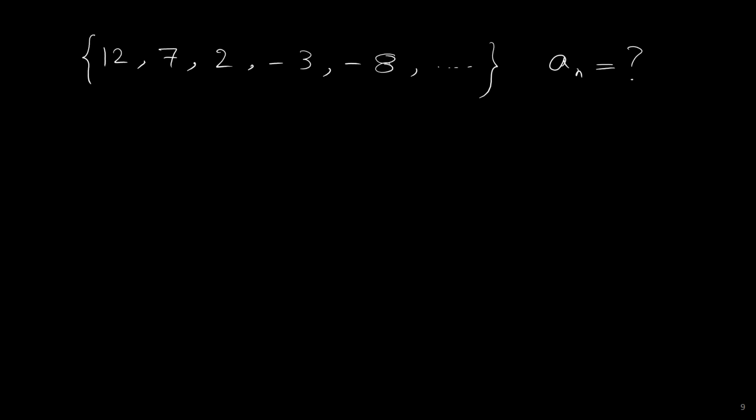If you look at the terms of this sequence, you can see that if you subtract 5 from each term, you can find the next term. 12 minus 5 is 7. 7 minus 5 is 2. 2 minus 5 is negative 3. Negative 3 minus 5 is negative 8. And so on. So the common difference between each term and the previous term is negative 5.